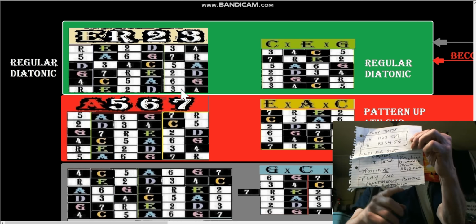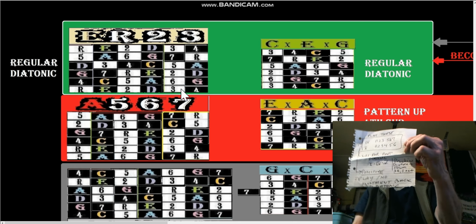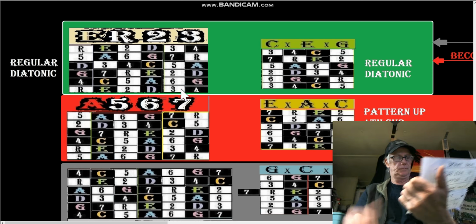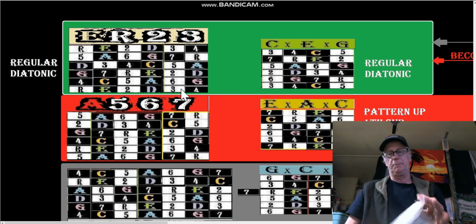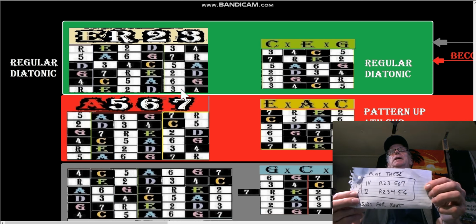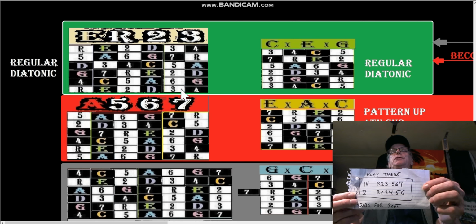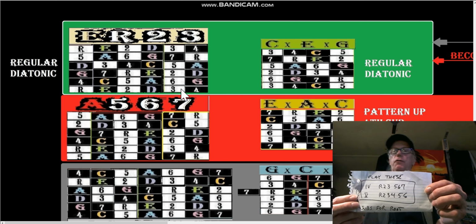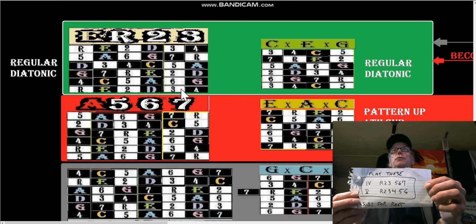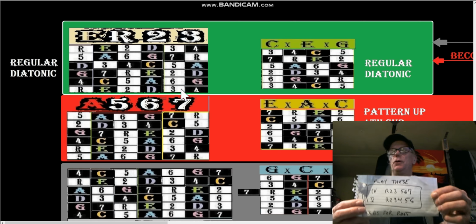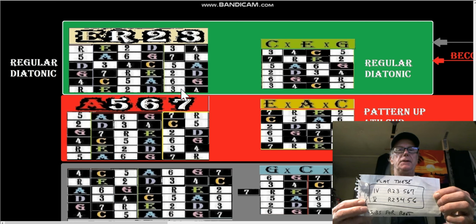We want to play adjustment back to diatonic. We want to know what we can play. So here's what we're going to play. In the 4th, we're going to go root 2, 3, 5, 6, 7, no 4th of the 4th. And in the 5th, we're going to go root 3, 4, 5, 6, no 7th in the 7th.